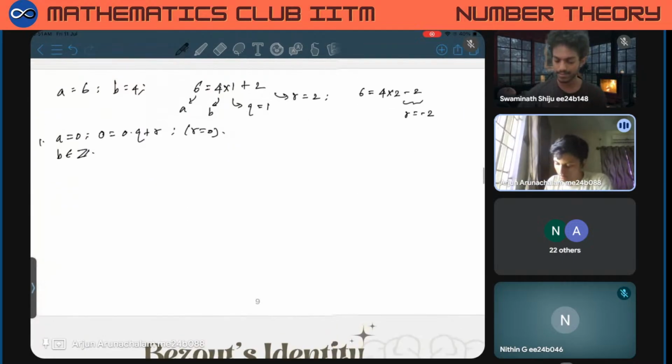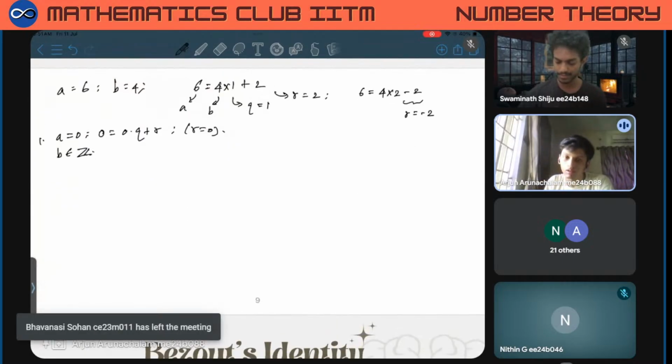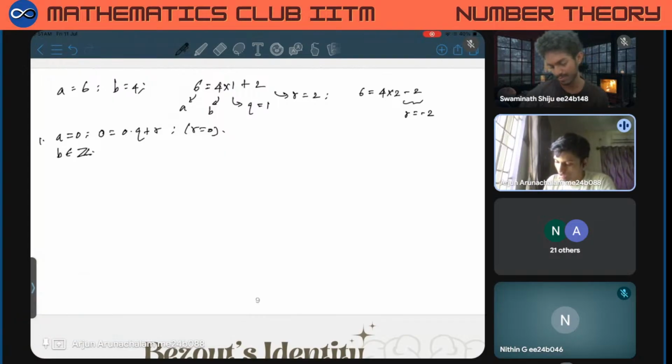You can just write that q and r are 0, and this is unique, because if you increase r, it is not possible to write b into q.